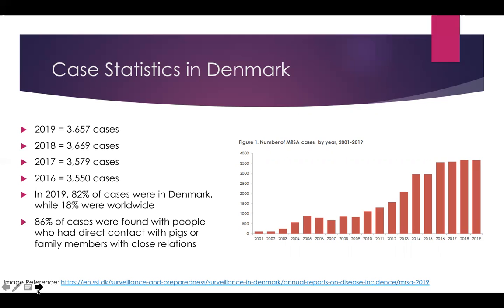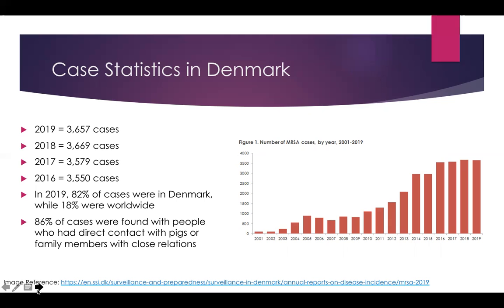And then I have on the left here the past 4 years of these statistics, where the cases have been over 3,500. So in 2019, that would mean 82% of the cases were in Denmark alone, and then 18% were worldwide.